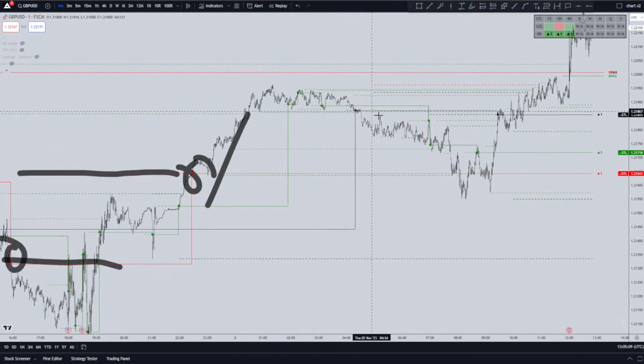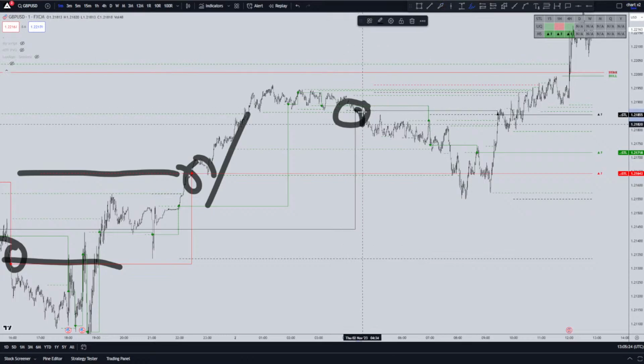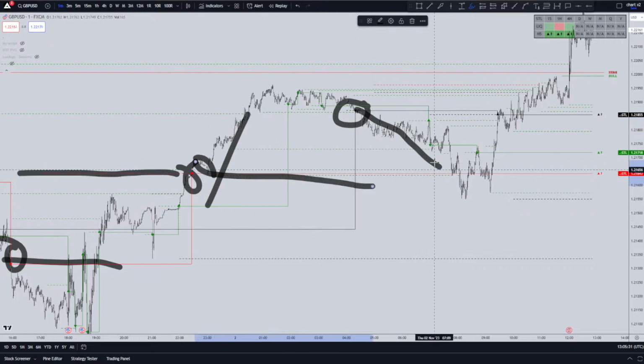It came down, the 4-hour came down, made a short side breakout on 1 hour. Oh yeah, I'm bearish. What does it mean? It means you can play 1 hour structural bearish side all the way up to 4-hour, because that's the next bigger structural level.